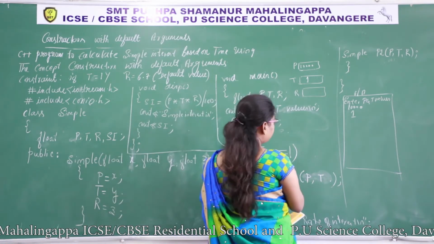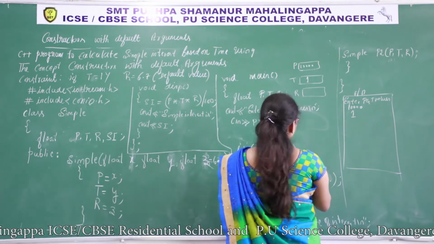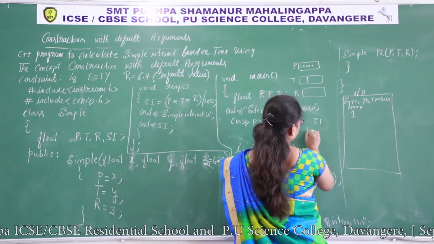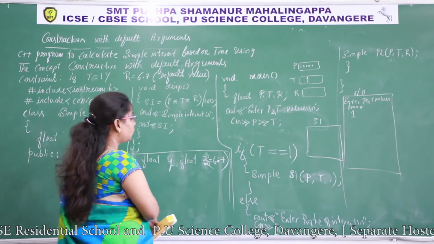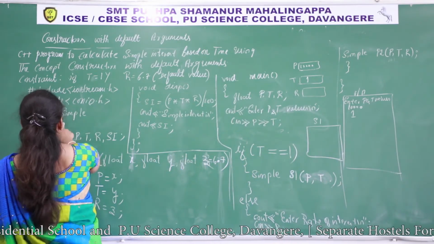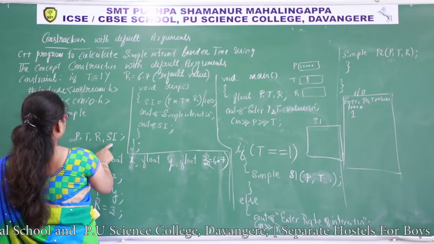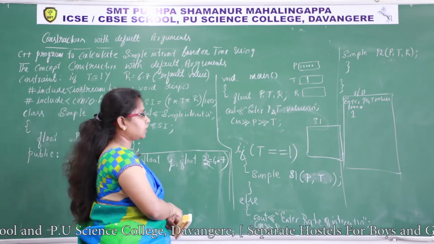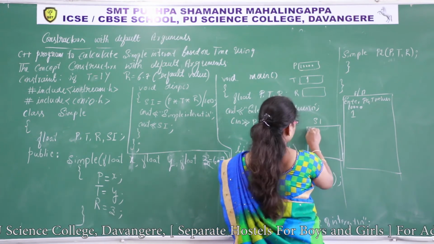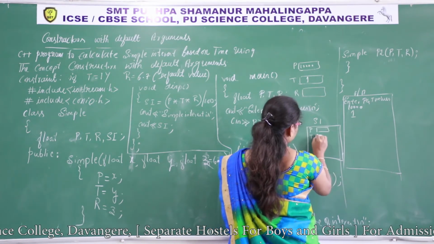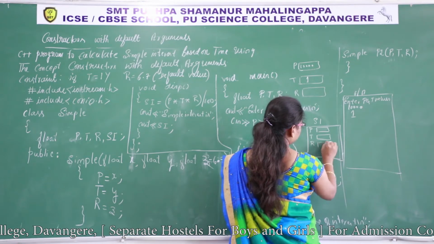S1 object. When you create an object, there is a memory here, S1. S1 is an object of which type? Simple type. Then what are the data members? There is a class called Simple, in it the data members are P, T, R and SI. So S1 is an object of that class, Simple class, P, T, R and SI.